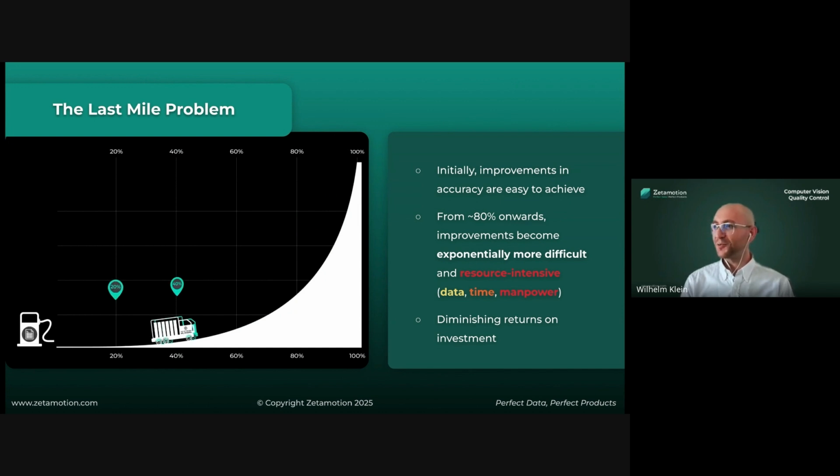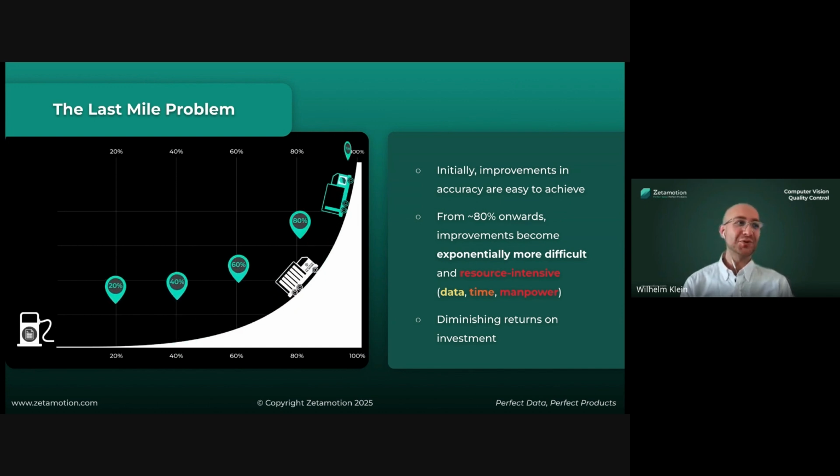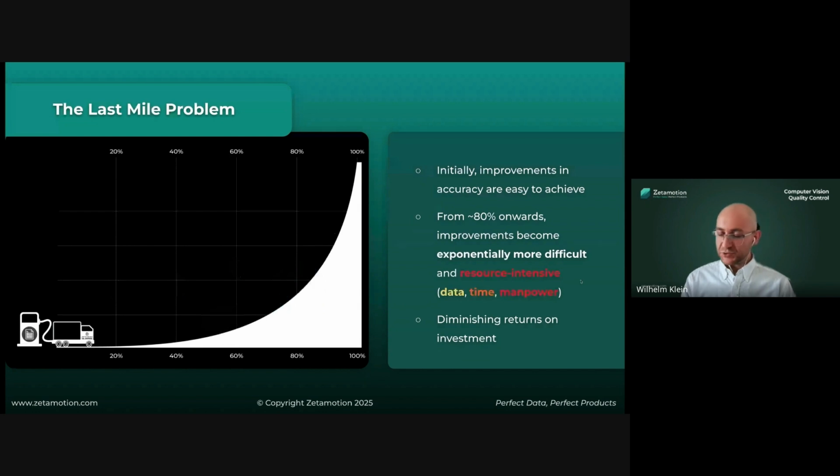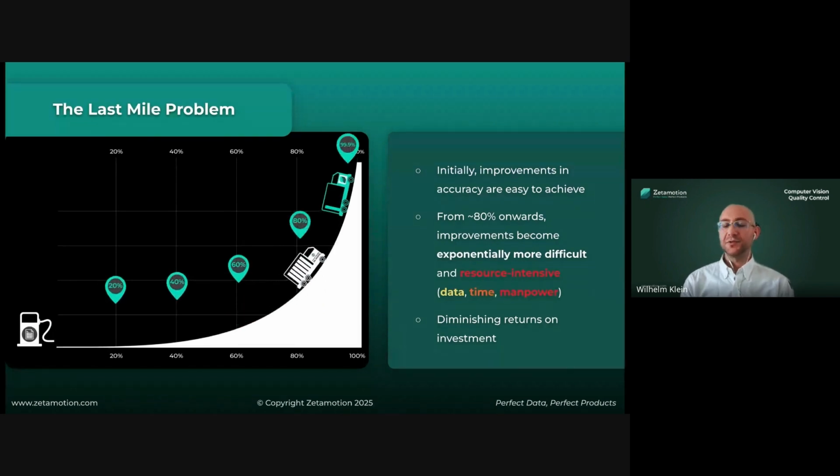We're almost there. Right? But then that push from almost there to the 99%, as you can see here, usually takes a lot more data, a lot more resources, and is an exponential increase in these resources.